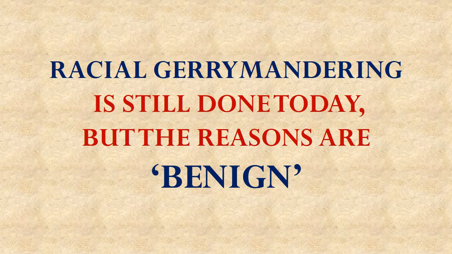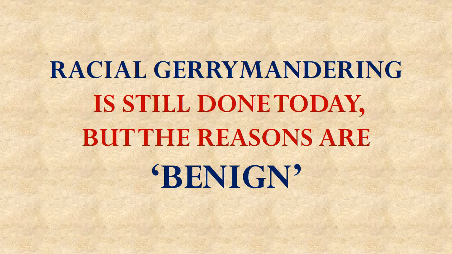The racial gerrymandering that's done today still is done for reasons that are described as "benign." I have that in quotation marks because that's the term actually used by legislators and by the courts as they do this. Now what benign means is that something isn't harmful. You may have heard this term used when somebody's talked about a cancer scare, for example.